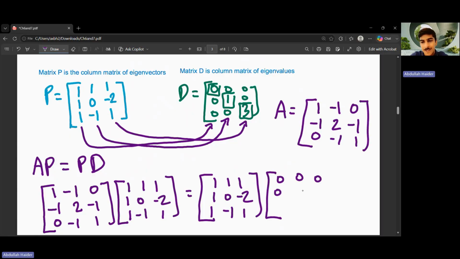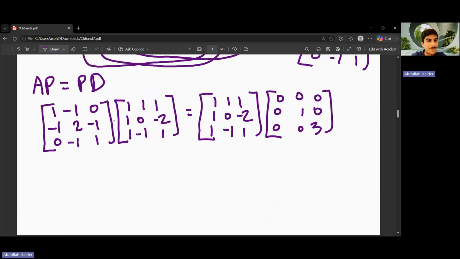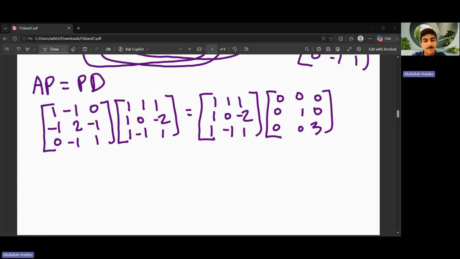I was with Dr. Khalid, and he said that once you do all of this, you need to show the working of all these multiplications of rows and columns. Just to save time, I won't be doing this, but in the exam you have to.